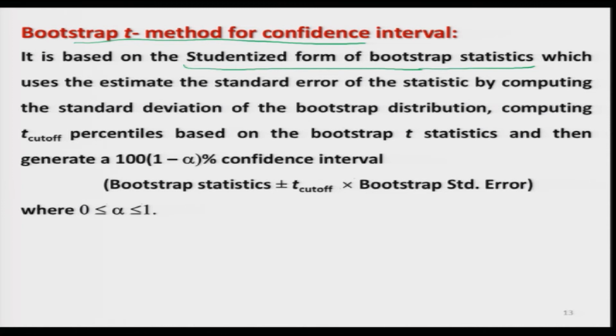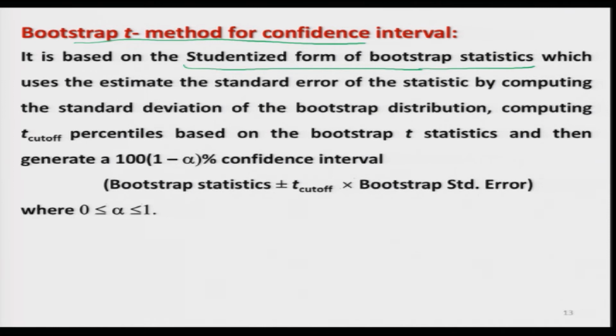In this, the standard error of the statistic can be computed by the bootstrap methodology. There can be two methodologies: you can use the bootstrap estimate of every replicate, or you can use the bootstrap estimate of the variance.